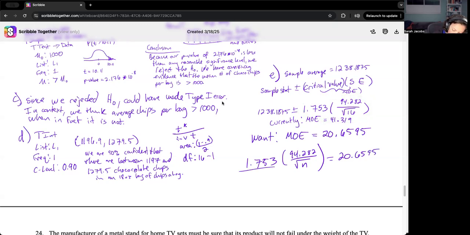Then we're just going to do algebra. Divide both sides by 1.753. So we get 94.282 over root n is equal to 11.78525.